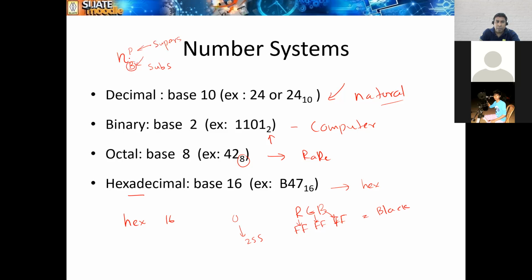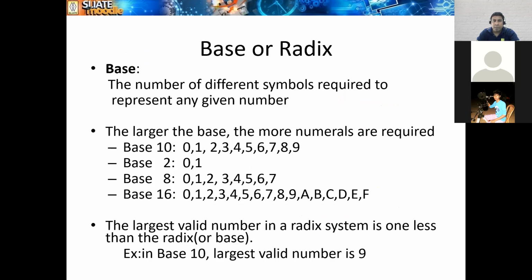So write down in small letters. Okay. Then the base and radix, the number of different symbols required to represent any given number. If the base is 10, you can go for this range.